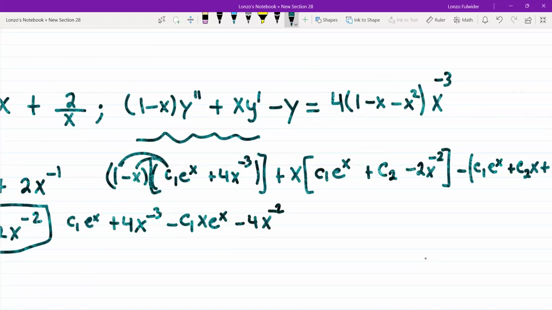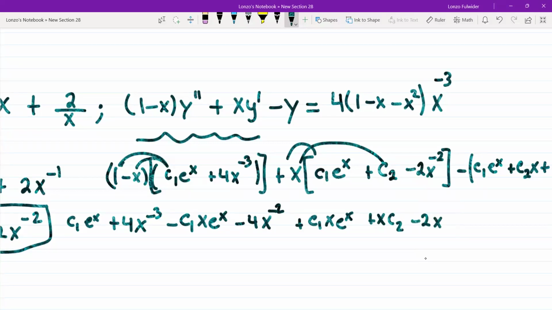Now, do this part. FOIL this out. This would be x times c1 e to the x is c1 x e to the x. x times c2 is x c2. x times negative 2x to the negative 2, that would be negative 2x.